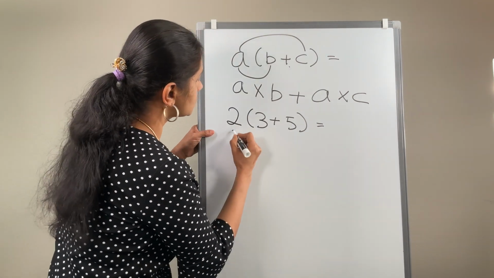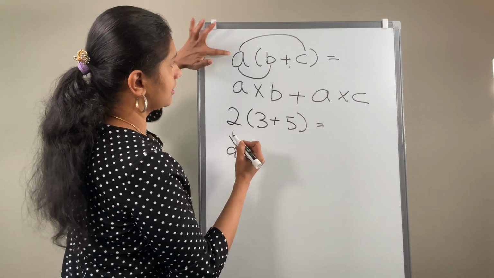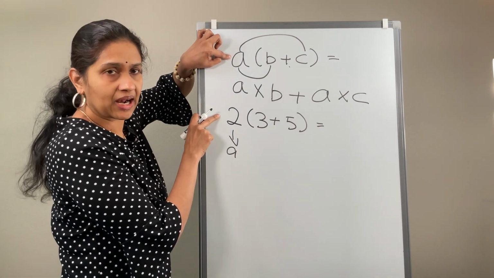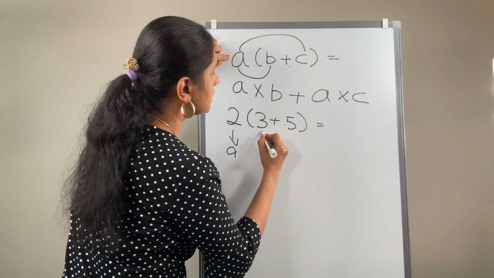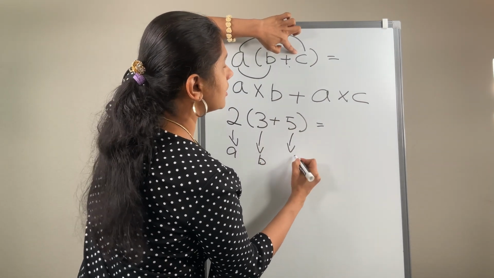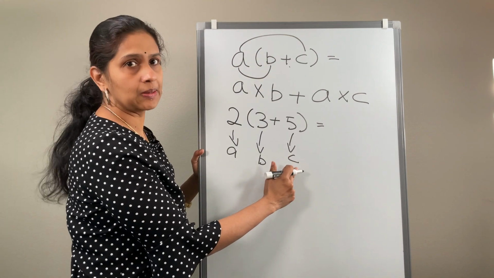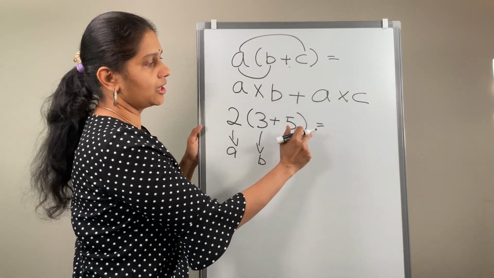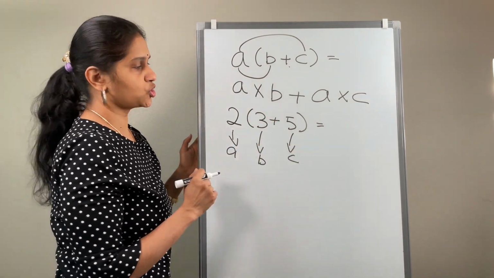Here you know this 2 will be the A, that is the number outside the parenthesis. Now the 3 will be equal to B, and the 5 is equal to C. Okay, now let us evaluate using the distributive property.